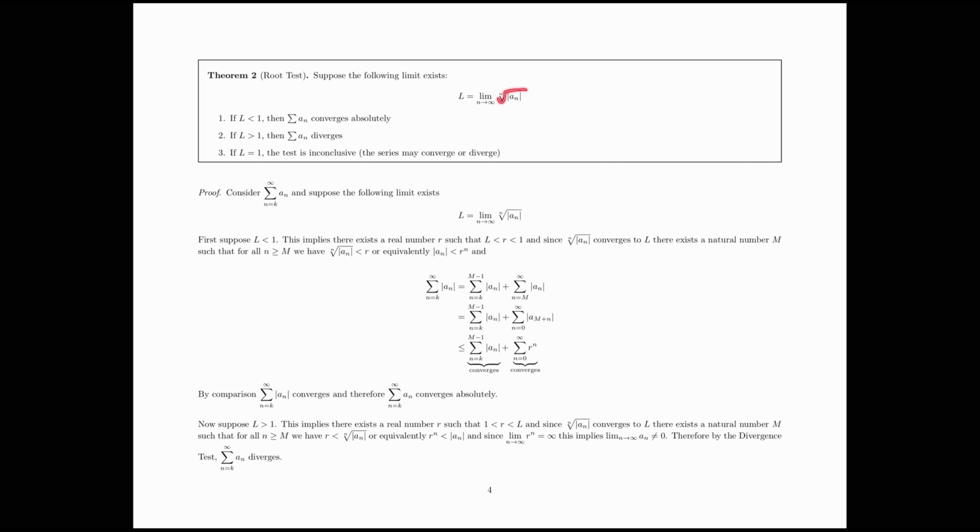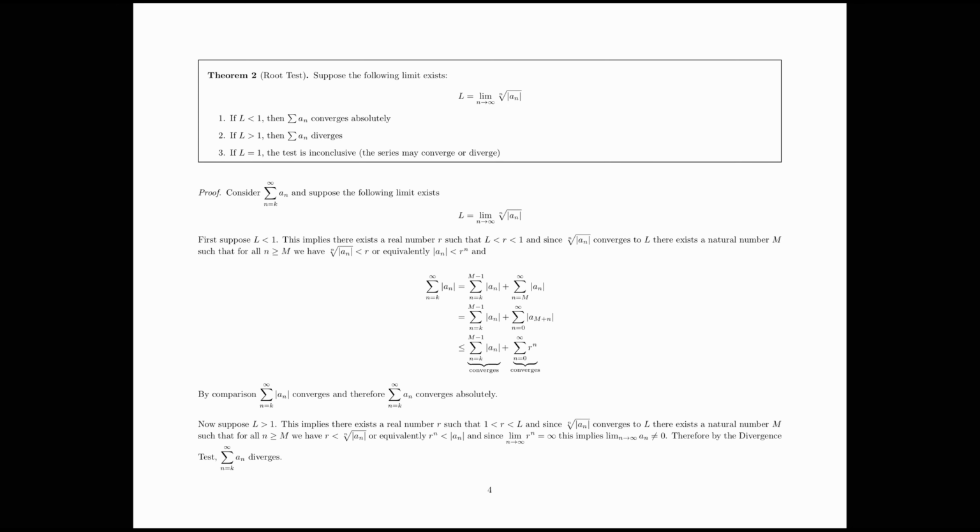An nth root doesn't simplify a ton of things, but it does simplify things that are raised to the nth power very nicely. So I will say that the ratio test, you are going to find yourself using about 99.99% of the time, unless you have an easier test at your disposal.